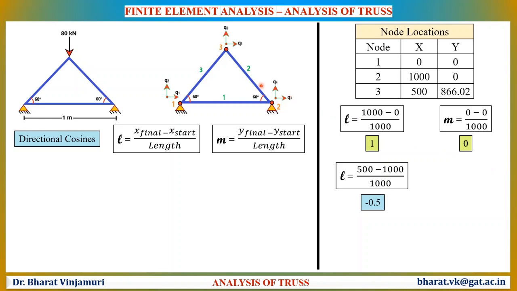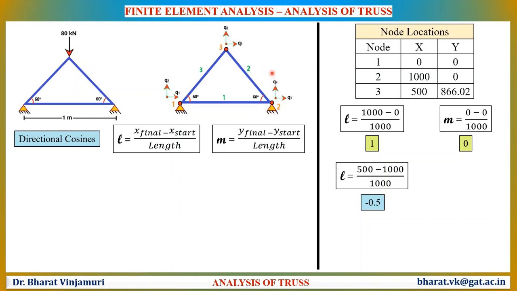The element number 2 is in between node 2 and node 3. The starting node is taken as node 2 and the end node is taken as node number 3. To find the directional cosines, the value of L takes the value of x coordinates. Here 500 is the value of node number 3, which is the final node of element number 2.